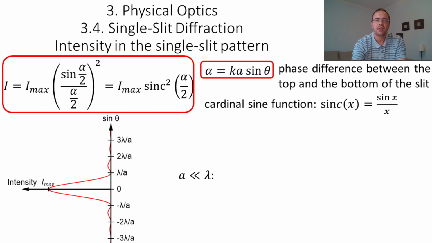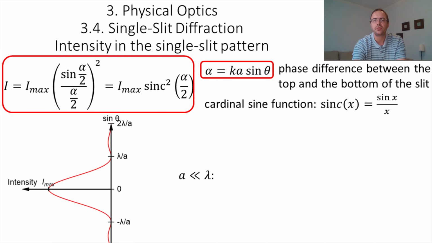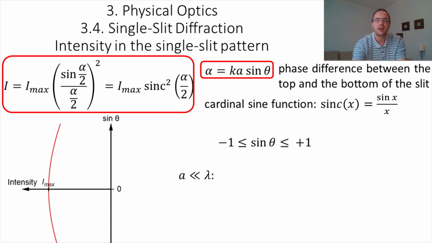Now, let's look at this graph again. What happens if the slit is so small that it is smaller than the wavelength lambda, right? If you reduce the width of the slit a, then lambda over a will increase. So the central maximum will become broader. But remember that sine theta is limited between plus and minus 1.